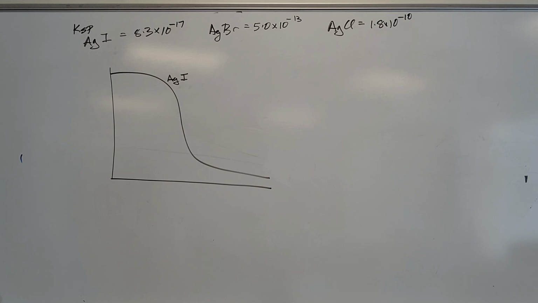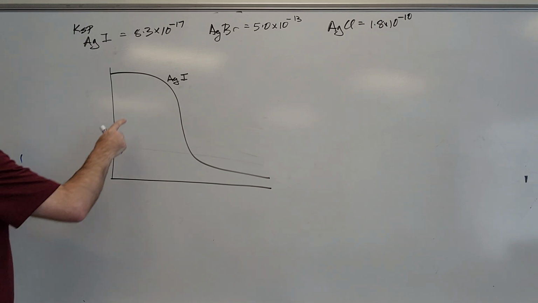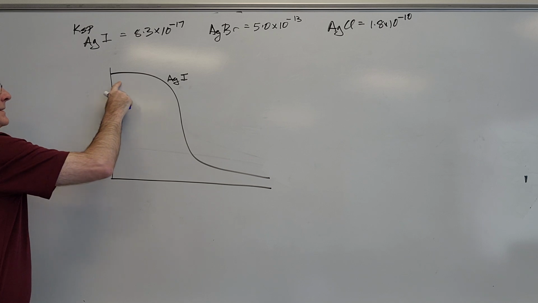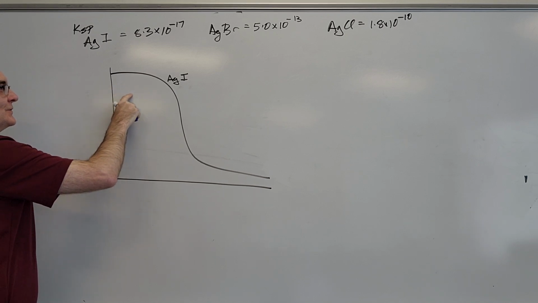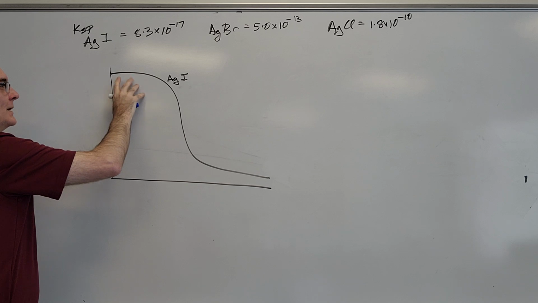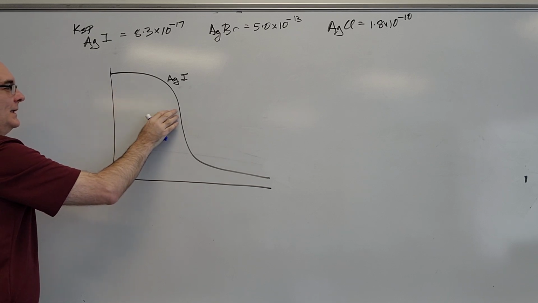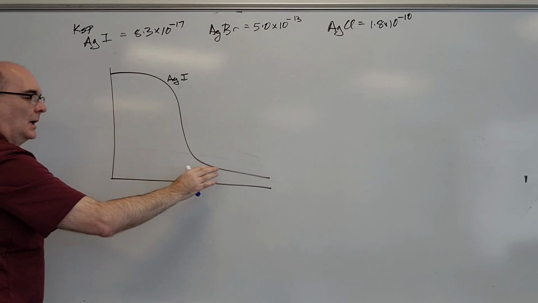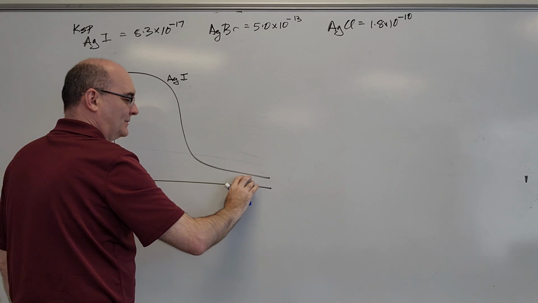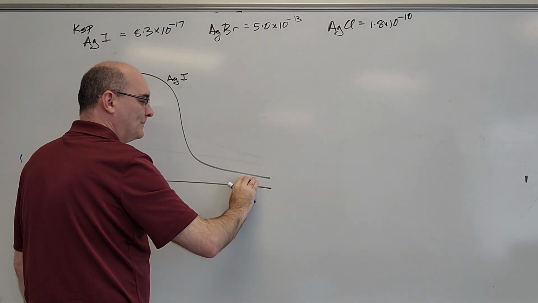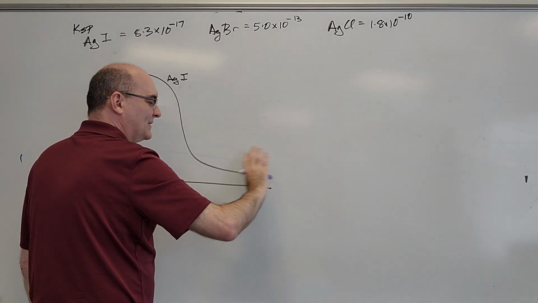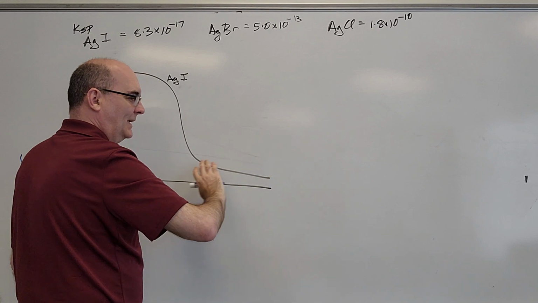Okay. This represents the part where there's more iodide than silver. Here's my equivalence, and here, I'm adding silver, and it's doing me no good.